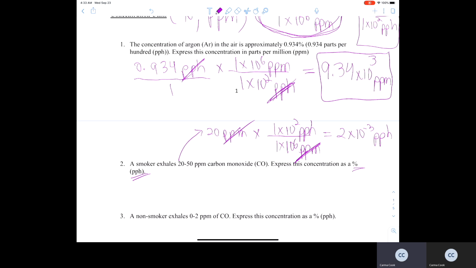So we get 2 times 10 to the negative third pph, which is the same thing as 2 times 10 to the negative third percent.